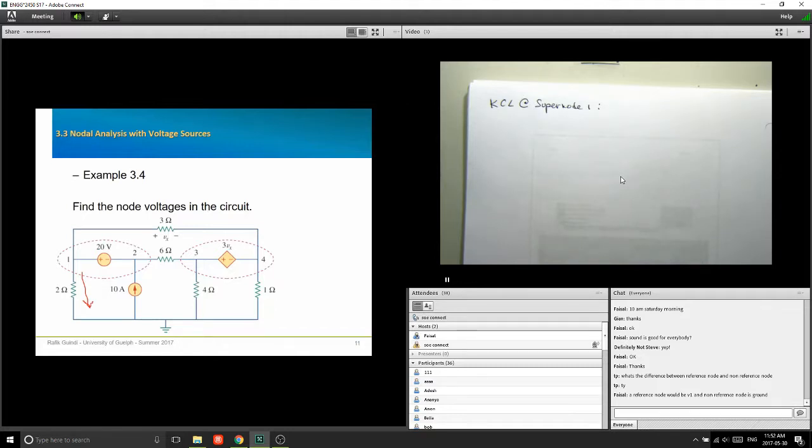Let's say this is the direction of this current. That's the direction of this current. This one is also going like that. And like that. And I have one more here.